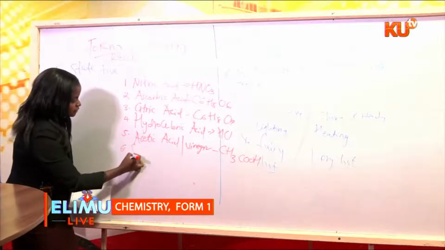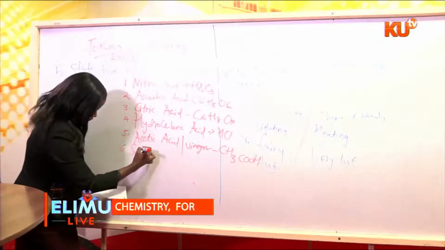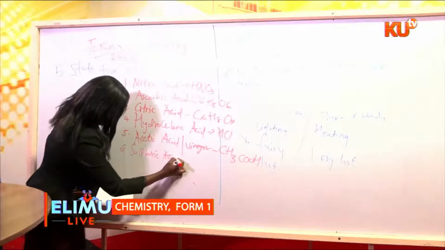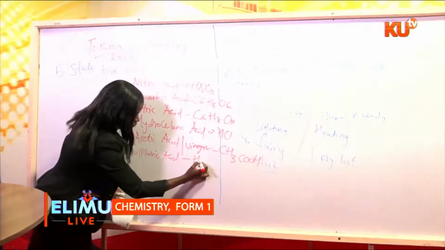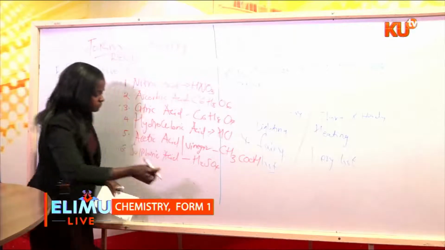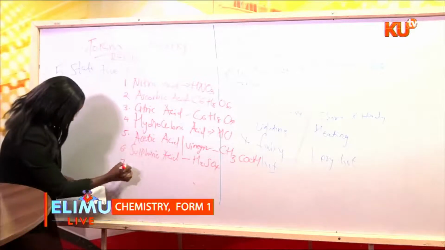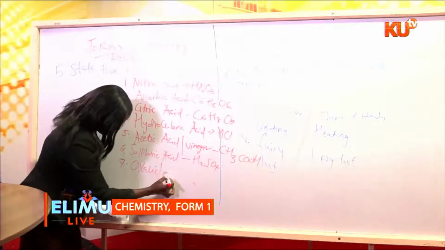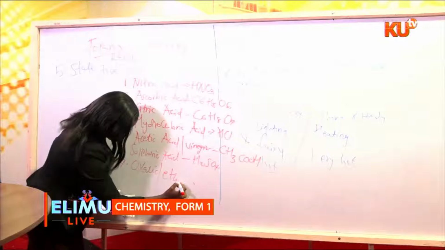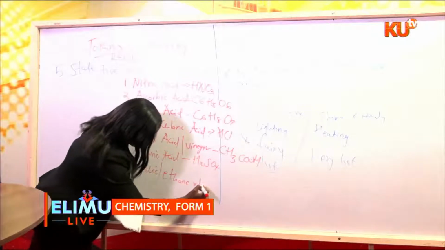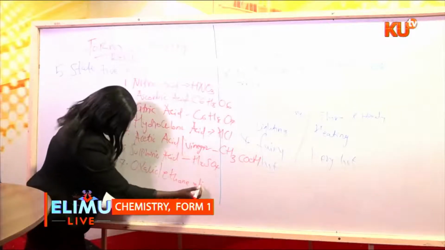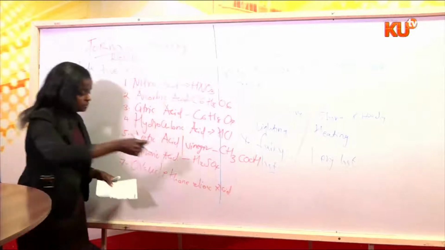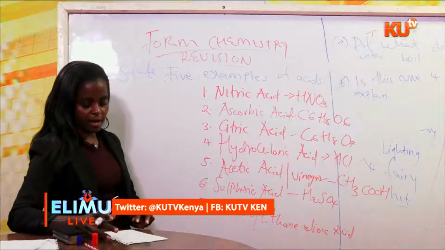Then we have sulfuric acid, then maybe the last one to add on is oxalic acid. So these are examples of acids.